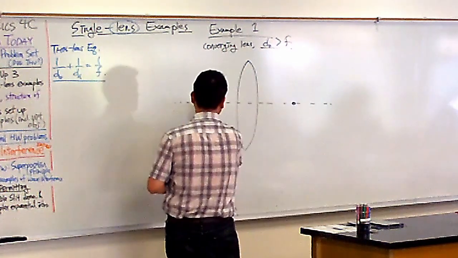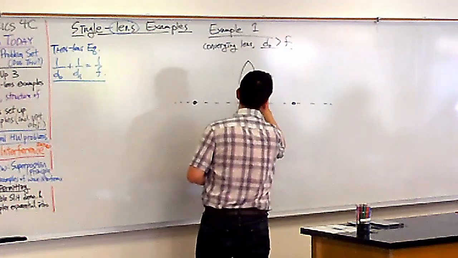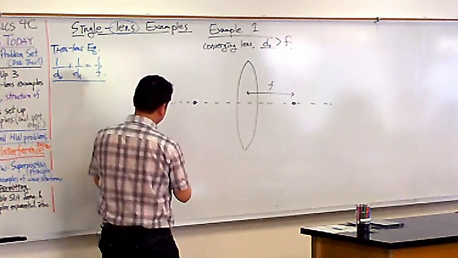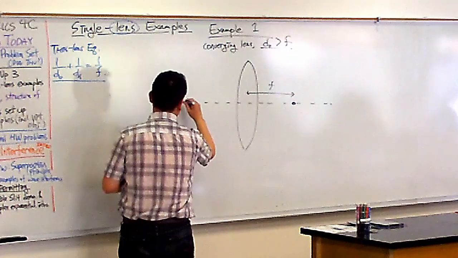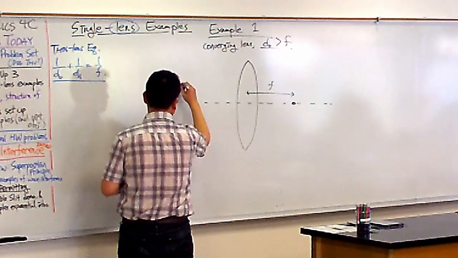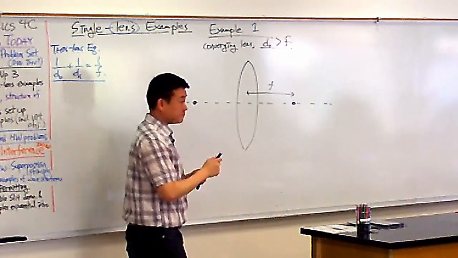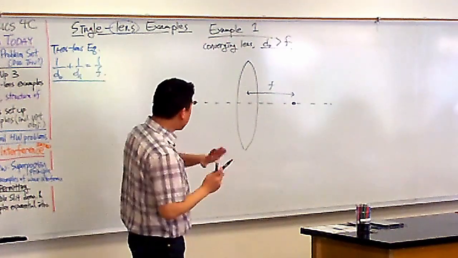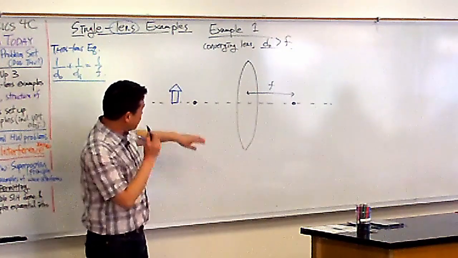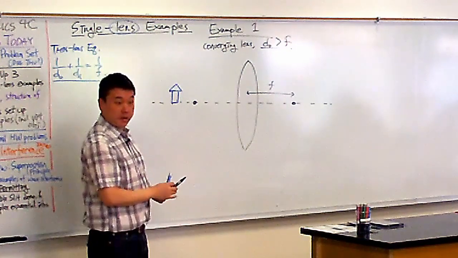If this is the focal length, then the object is placed somewhere out here, for example. And you guys saw examples 2 and 3, so we'll get to those. But let me just go through each example one at a time.